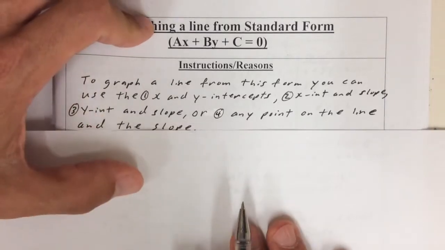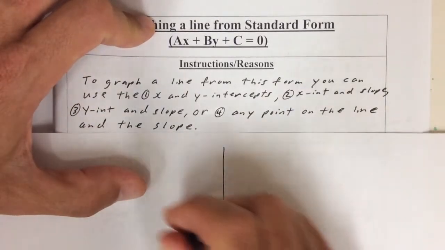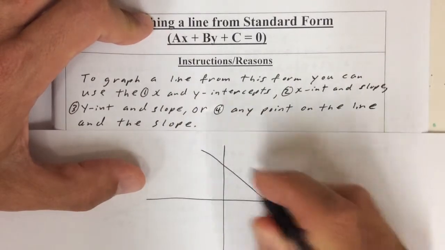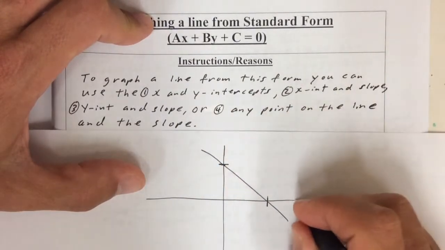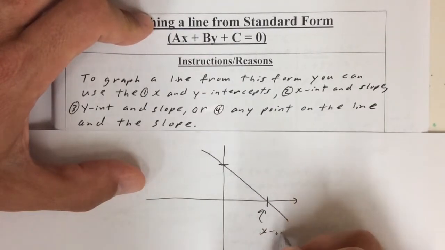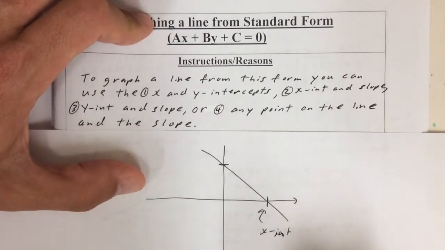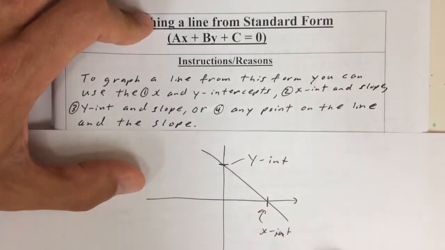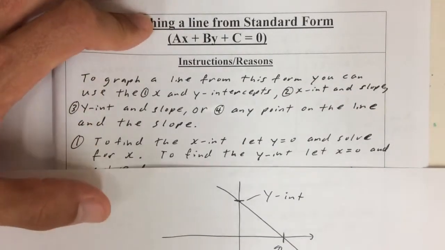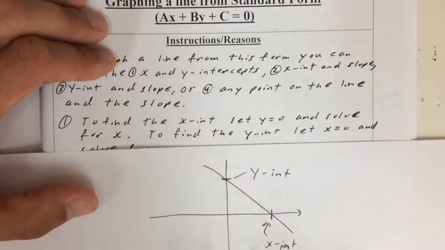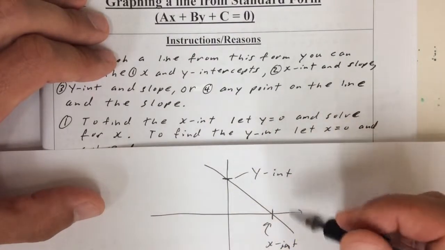The x and y-intercepts are the points on the graph where the line crosses the x and y axis. That's the x-intercept, and that's the y-intercept. To find the x-intercept, you know that y equals 0.